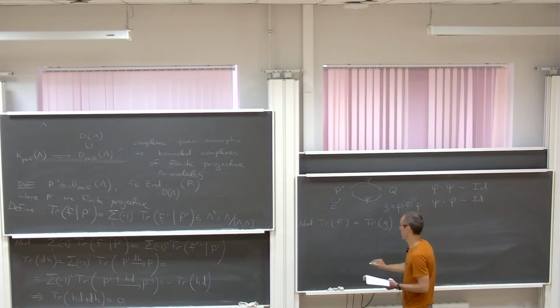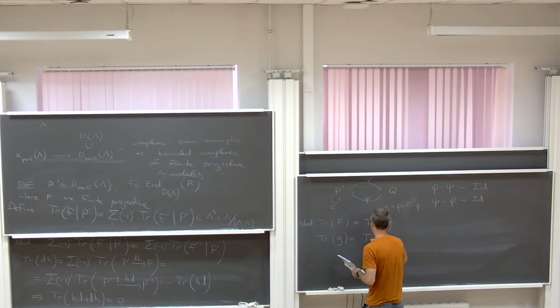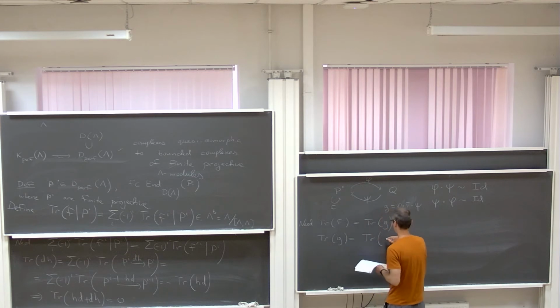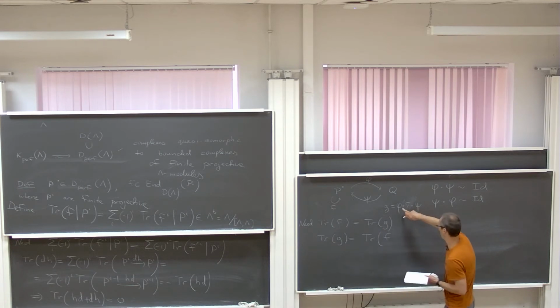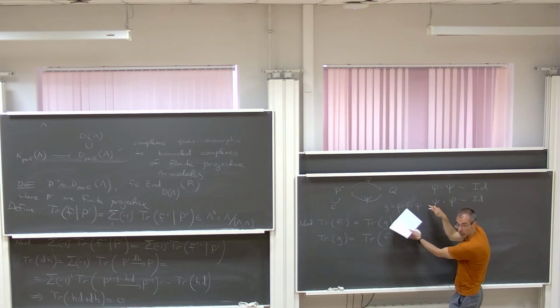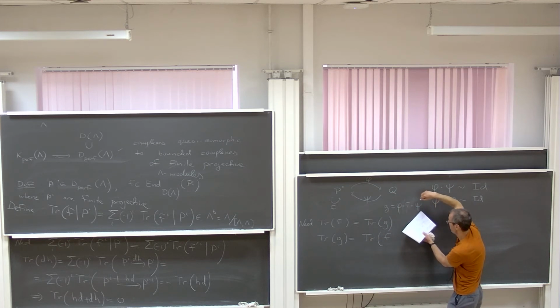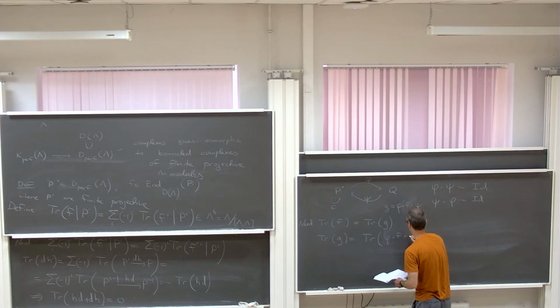But, okay, so the trace of G is the trace of F, well, I substitute it here and I use the cyclic symmetry of the trace, right? If I put my phi here, this is commutativity of the trace.